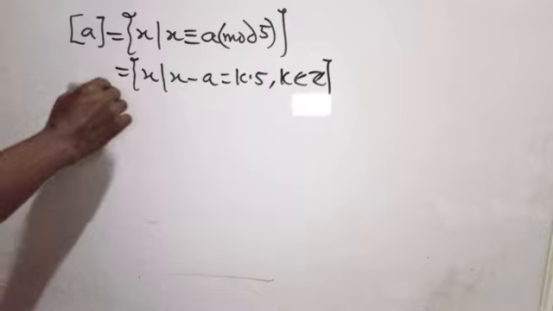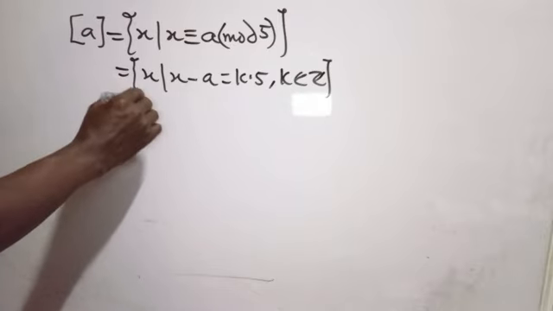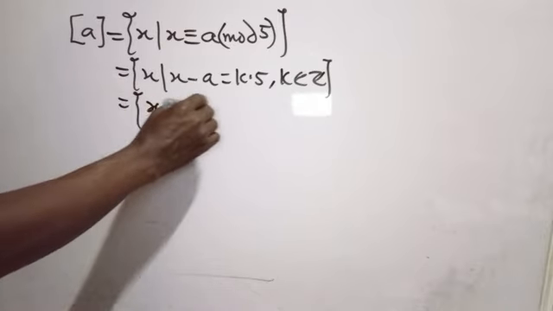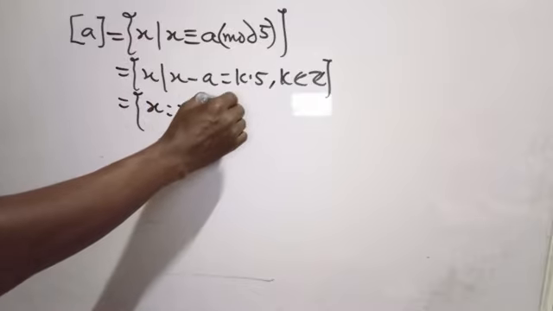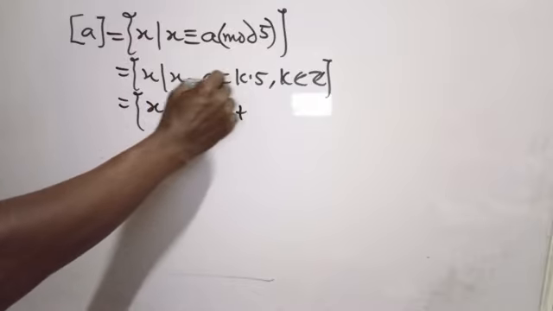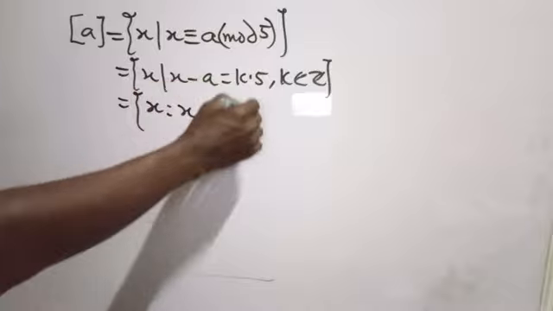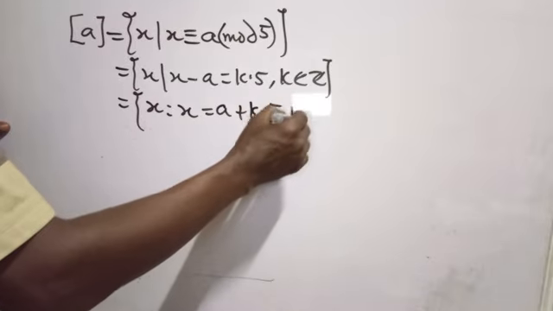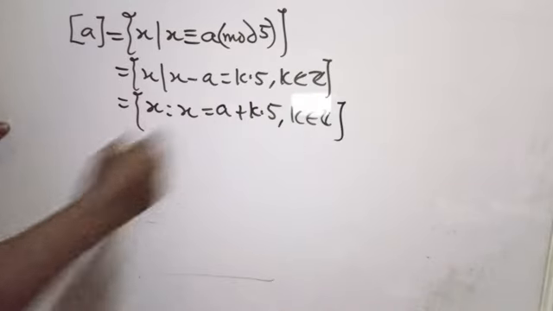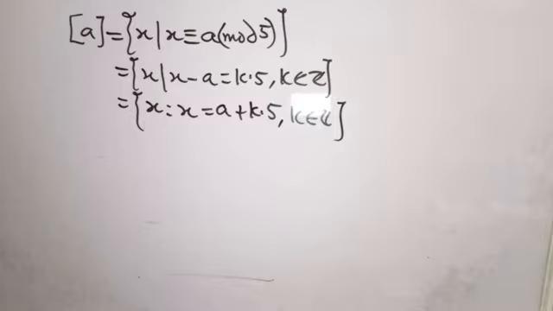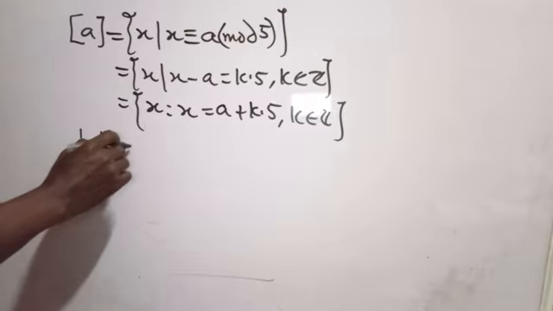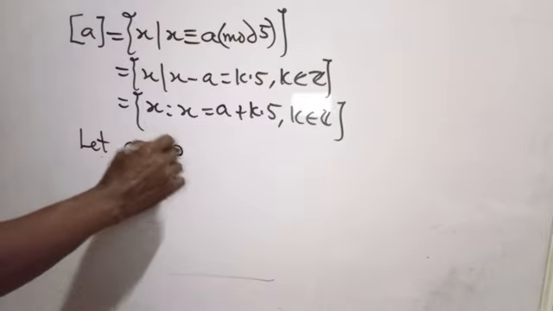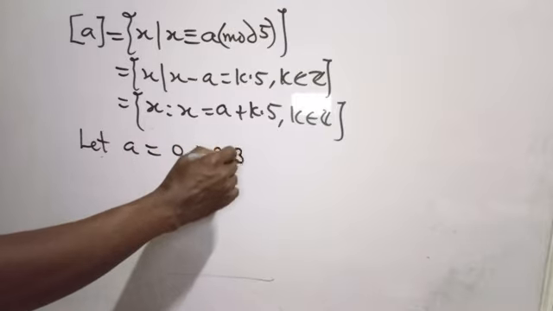Which can be extended as X such that X equals A plus K dot 5, where K is still an integer. Now, our A will be 0, 1, 2, 3, and 4.